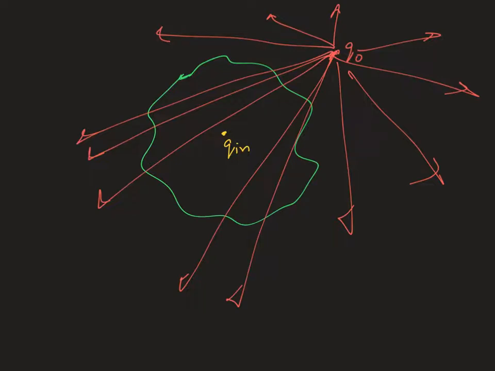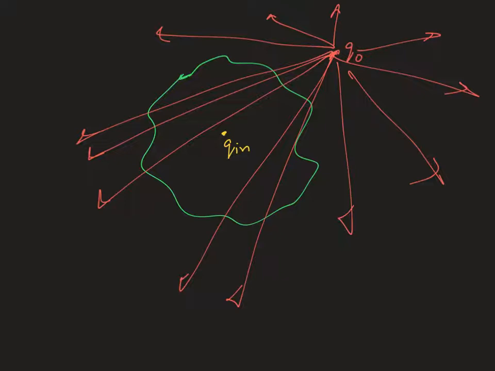And whatever field lines are passing through the surface, let's count the number. It is 1, 2, 3, 4, 5. So 5 field lines are coming in from here and going out from here. Can you see that?